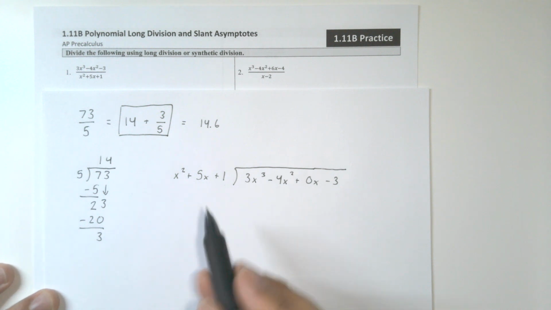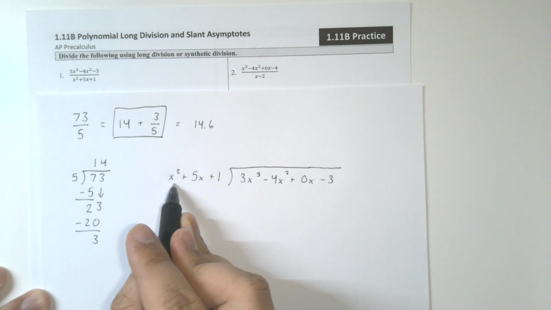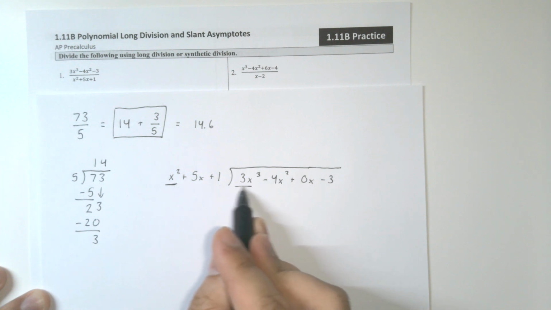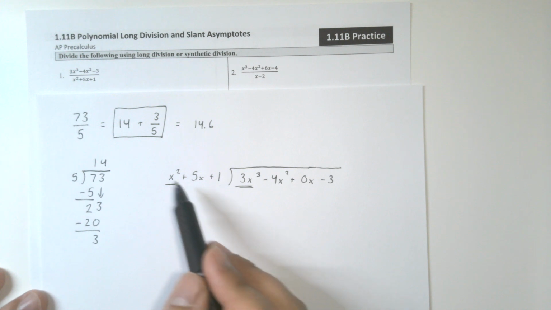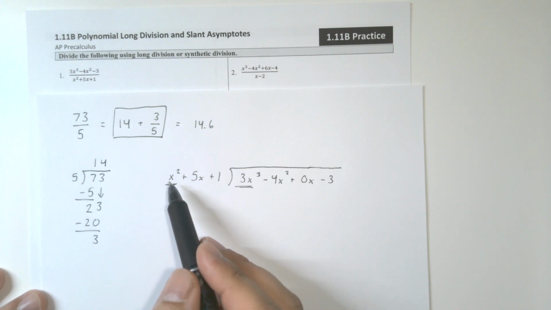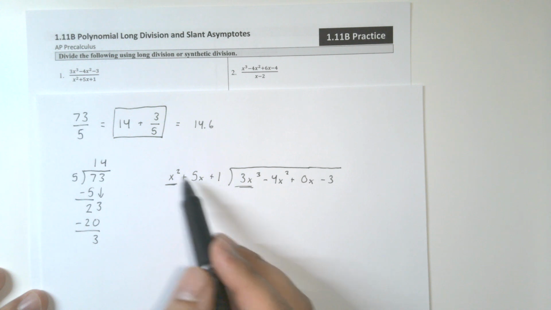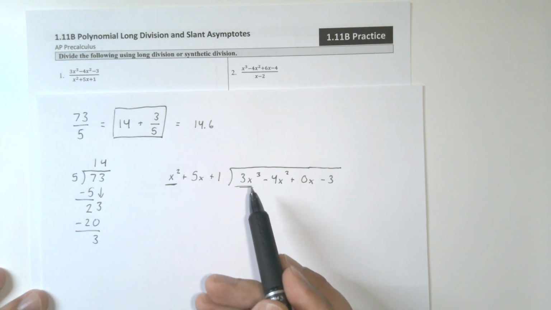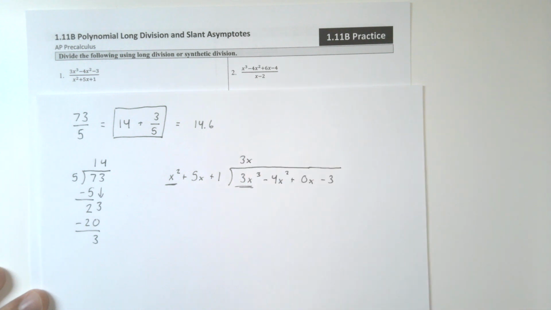So first we ask, and when we're doing polynomial long division, all we need is just whatever these leading terms are in our division algorithm. So we ask ourselves, x squared times what gives us 3x cubed? And that would be 3x.